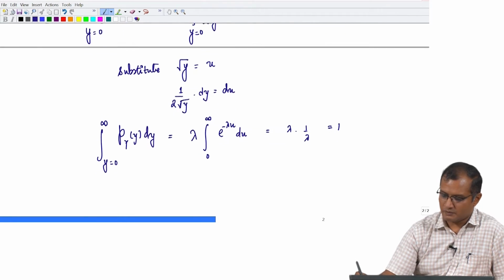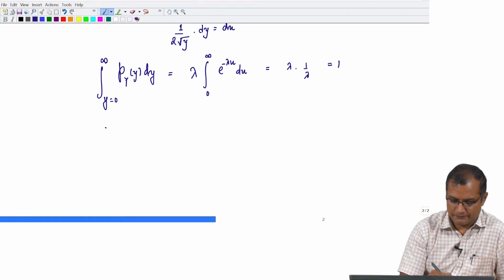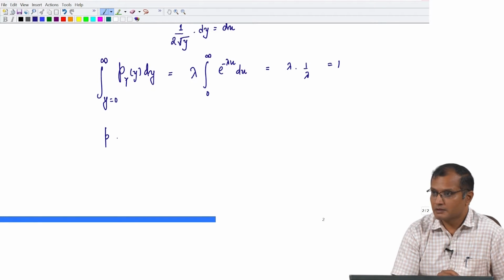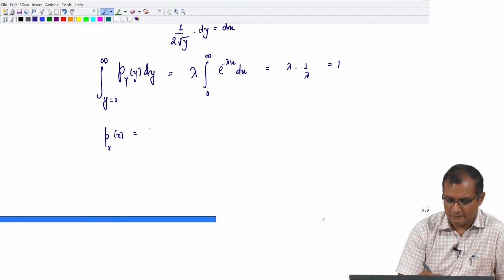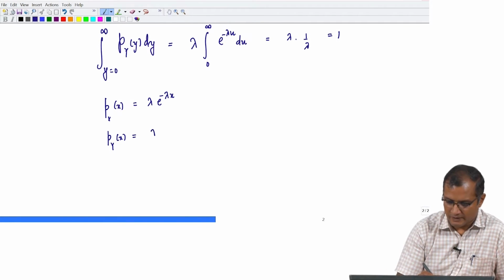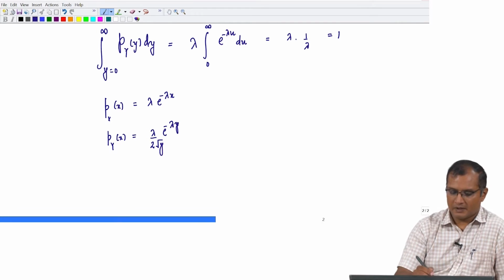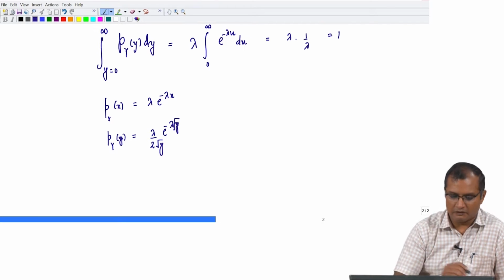So, this PDF is also well behaved. Our original PDF was lambda e raised to minus lambda x, and our final PDF is basically lambda over 2 square root of y e raised to minus lambda square root y. This is going to be the PDF of y.